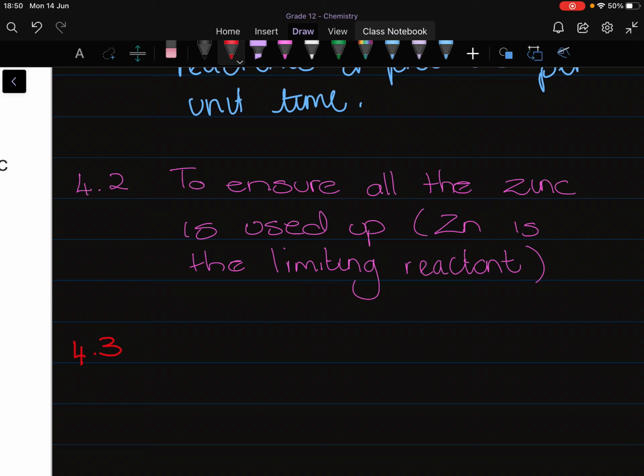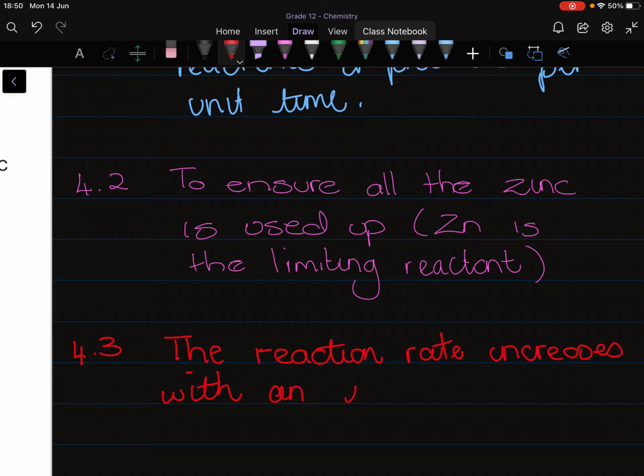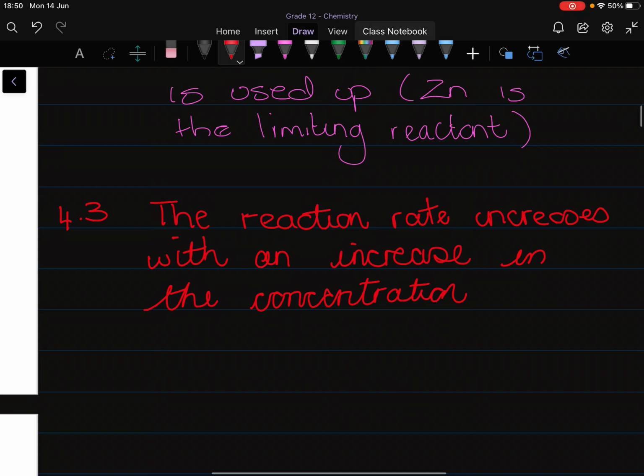Well, a good hypothesis would be the reaction rate increases with an increase in the concentration of the H2SO4.